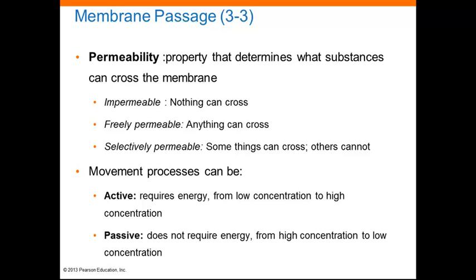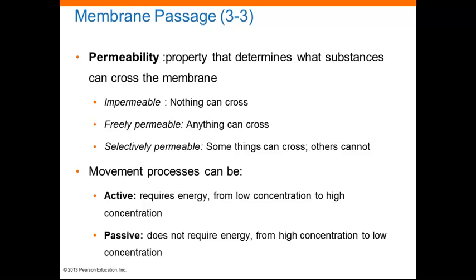So when we discuss the membrane, we're going to be talking about its permeability. So let me define permeability for you. Permeability is that property that determines what substances can cross the membrane. So for example, we could say a membrane is impermeable, meaning that nothing can cross that membrane.